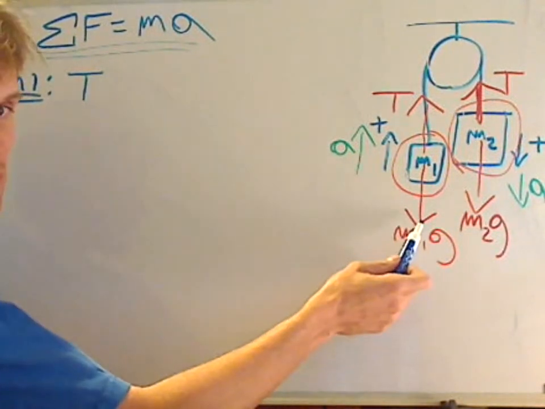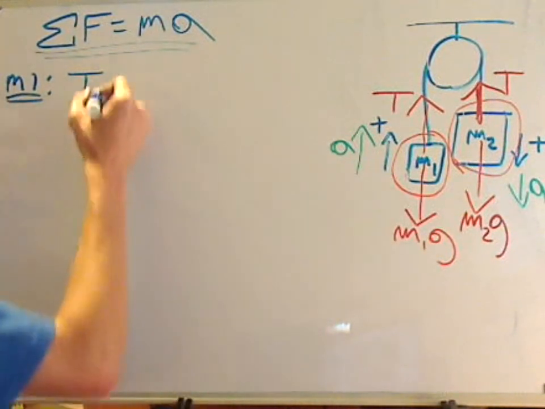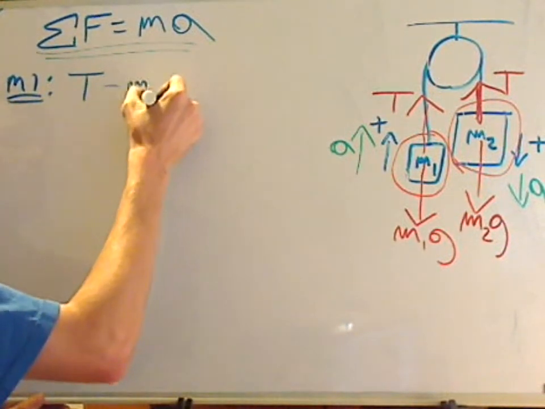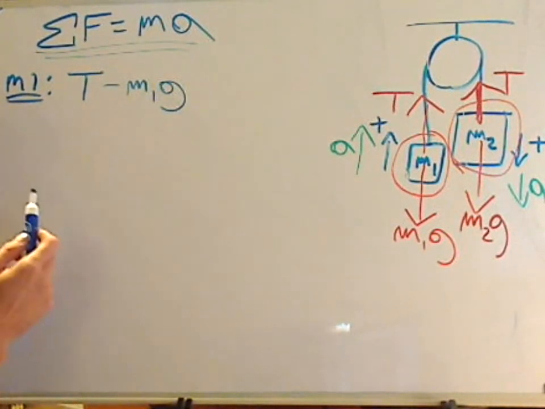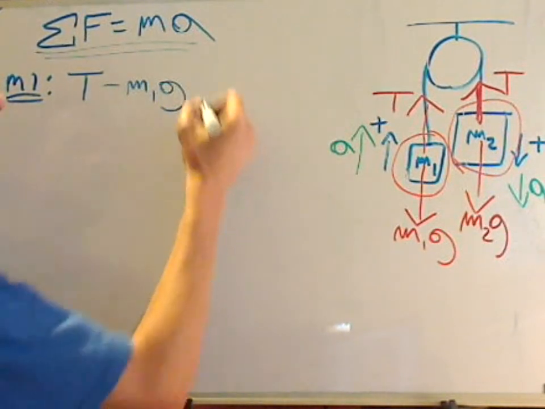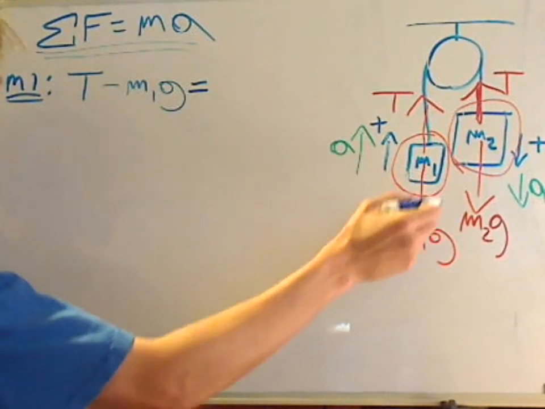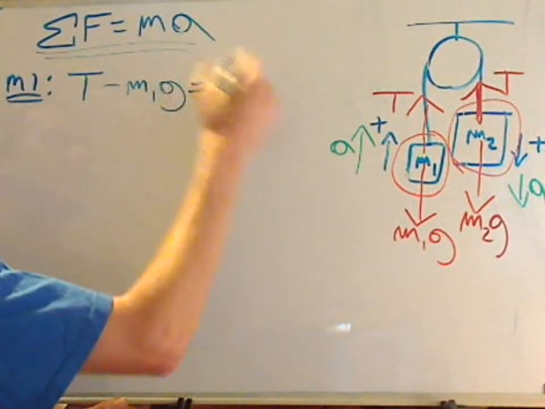Now, M1G points in the negative direction, so we get a minus M1G for that force. So there's our net force, tension minus M1G. And that equals mass times acceleration. And it's the mass of the system, and this system is only M1, so it's M1 times the acceleration.